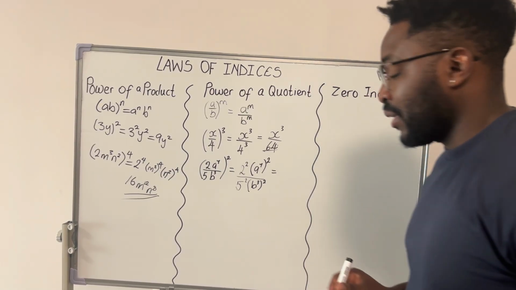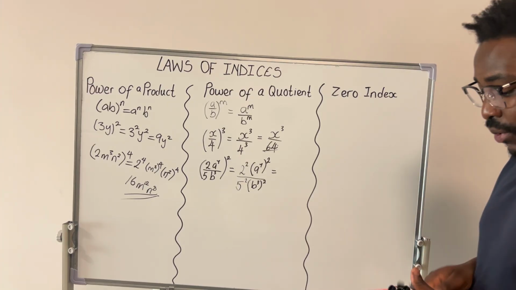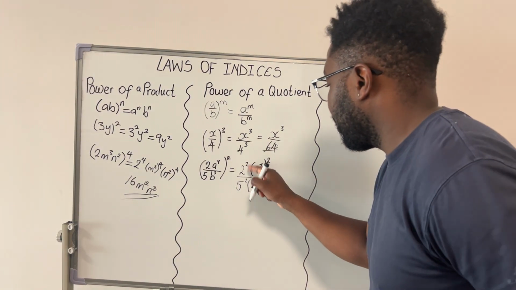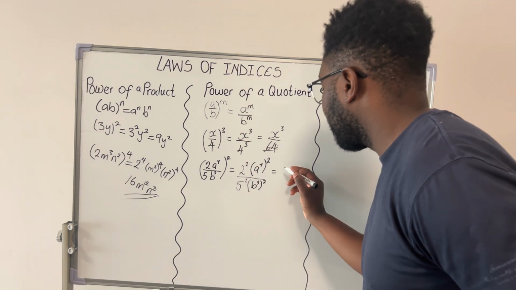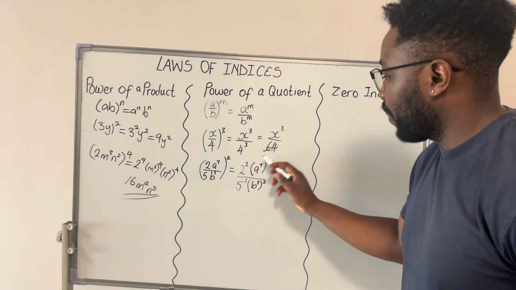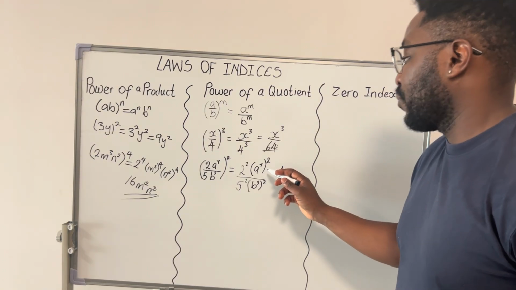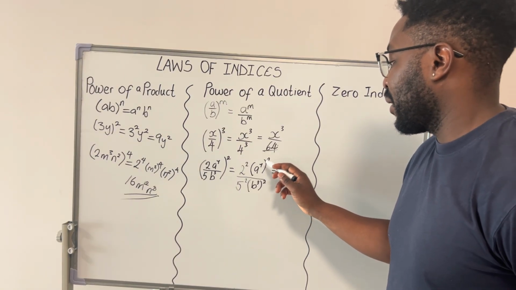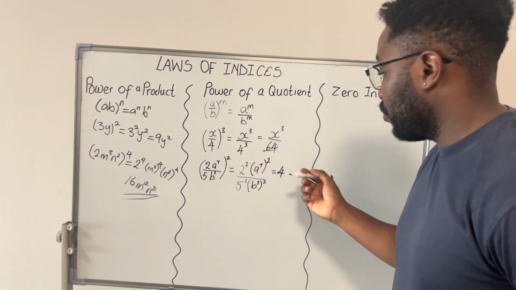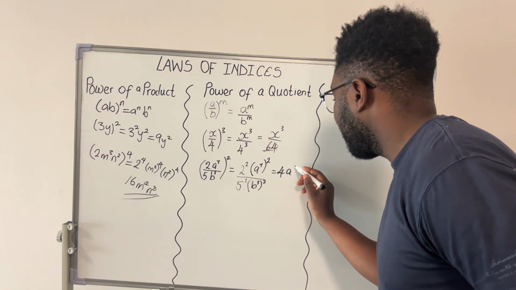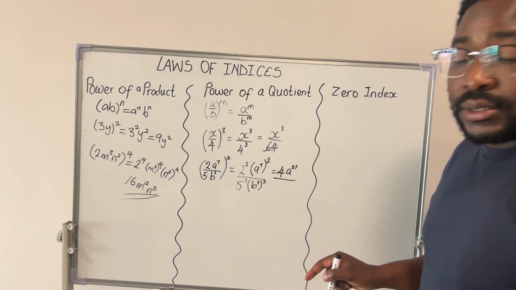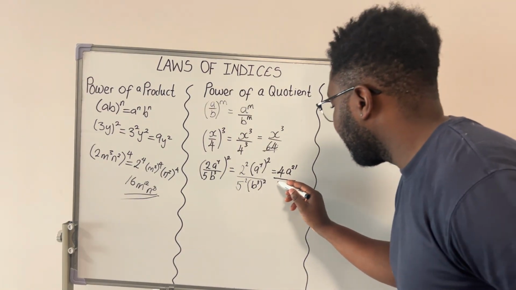Dealing with my numerator, 2 squared gives us 4. Here we're using the power law, so we just have to multiply the indices. 7 multiplied by 2 is 14, so a to the power 14 over, and 5 squared gives us 25.